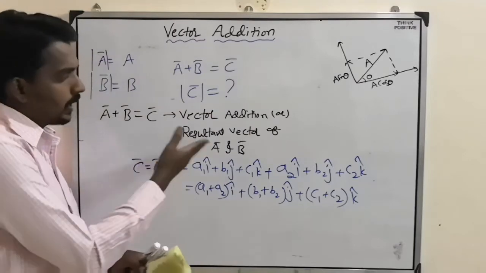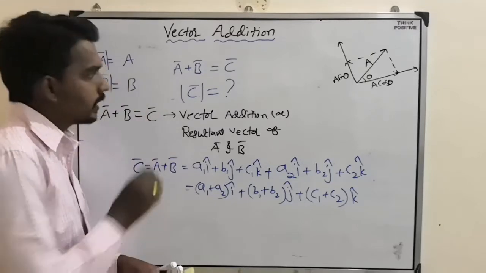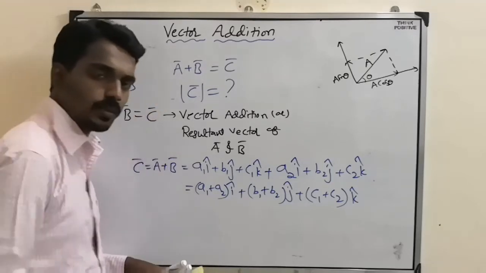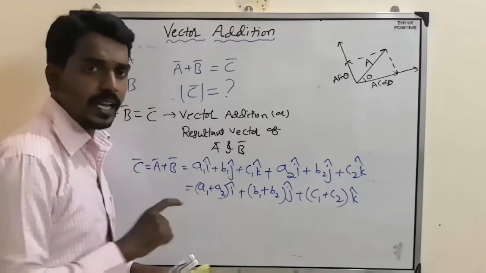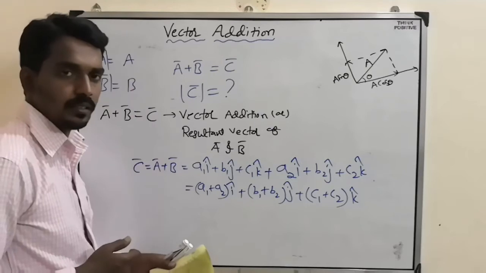Then you cannot use this method. There is no I term, J term, K term. They have given the magnitude directly. Then you cannot say the addition of these two vectors is equal to A plus B.